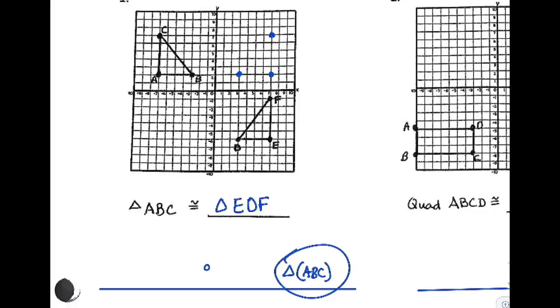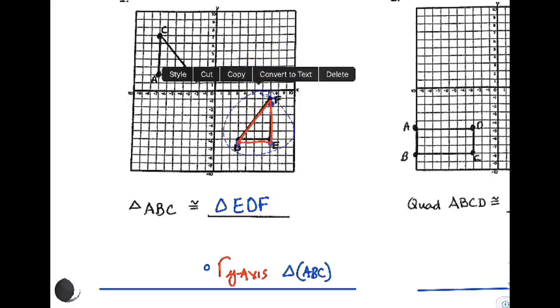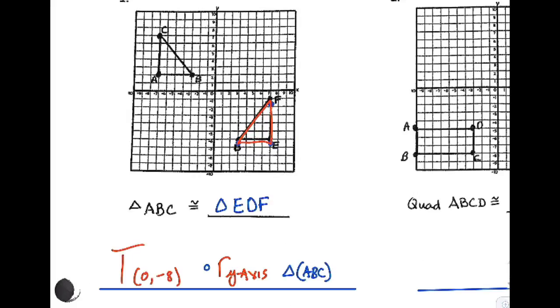So we're going to take triangle ABC, and we are going to reflect it over the y-axis, and then from there over 0 and down 8. That's what it looks like in notation form when you're using an on-the-grid picture and there's more than one step.